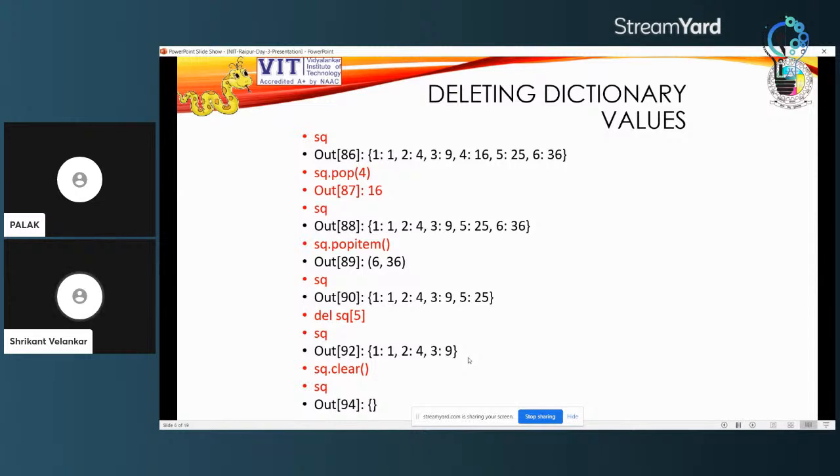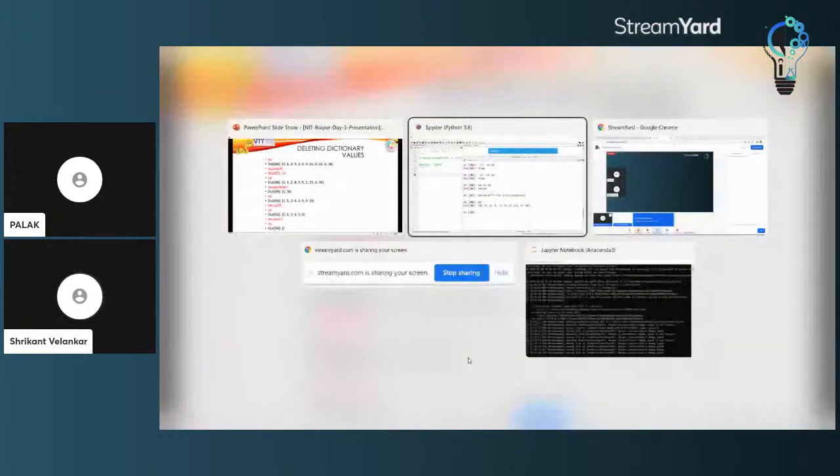So you can delete a specific entry by pop or delete, you can remove the last entered item by the popitem method, and you can remove all the items by the clear method.